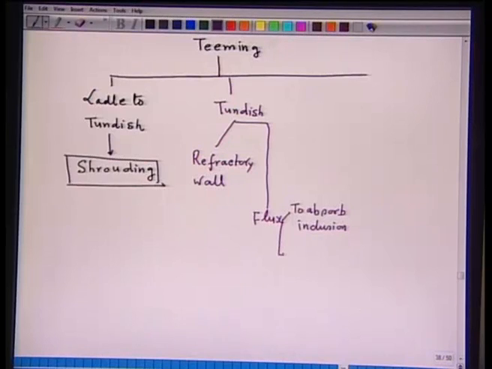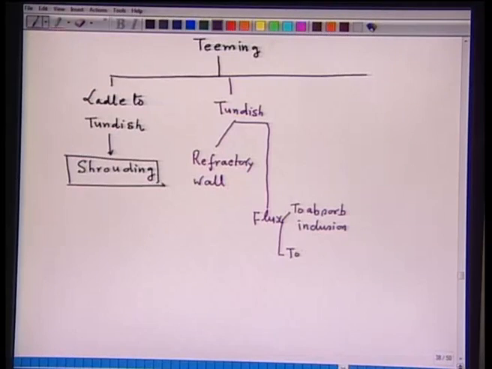Another important function, the flux shields the molten steel contained in the tun dish from atmospheric reoxidation. It prevents air from the atmosphere. So, proper selection of the flux for the tun dish is important to control the inclusion formation.